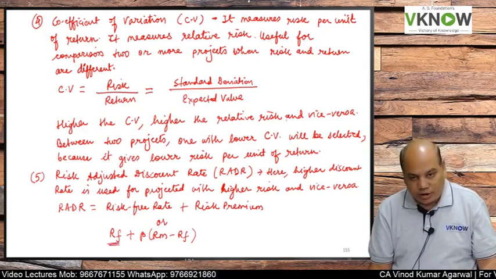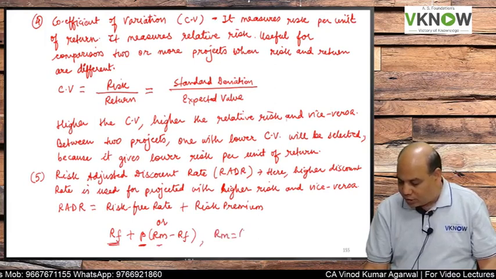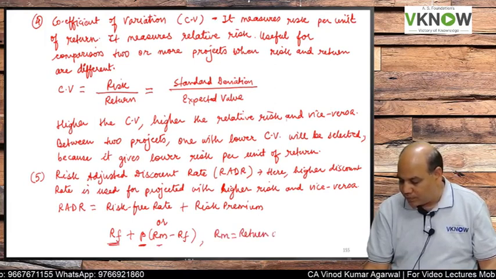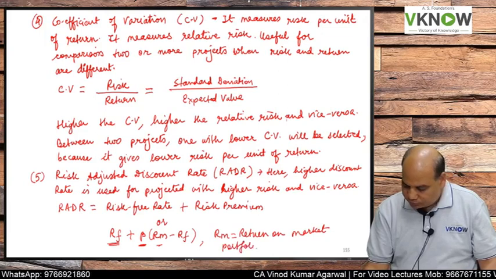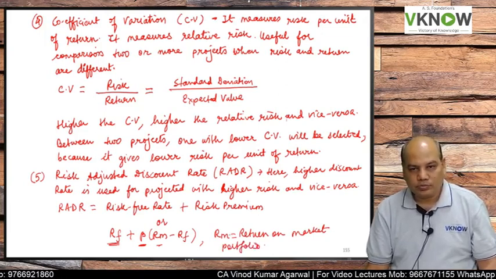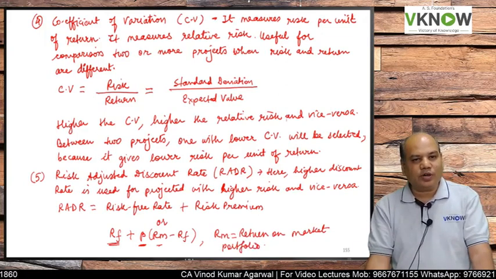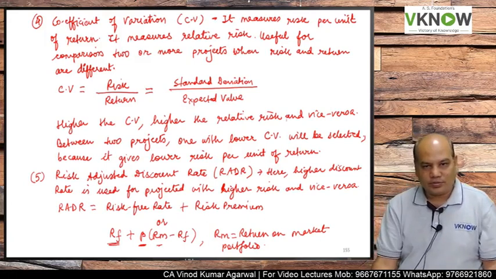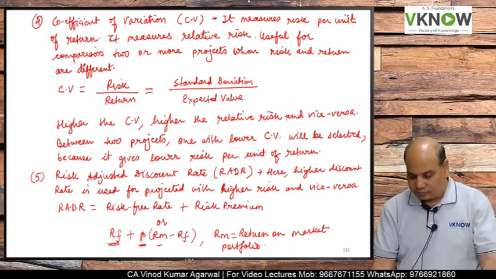RF means risk free rate, this is beta, and what is RM? Return on market portfolio. The third is that sometimes the institute will give you the discount rate directly. Is it right?